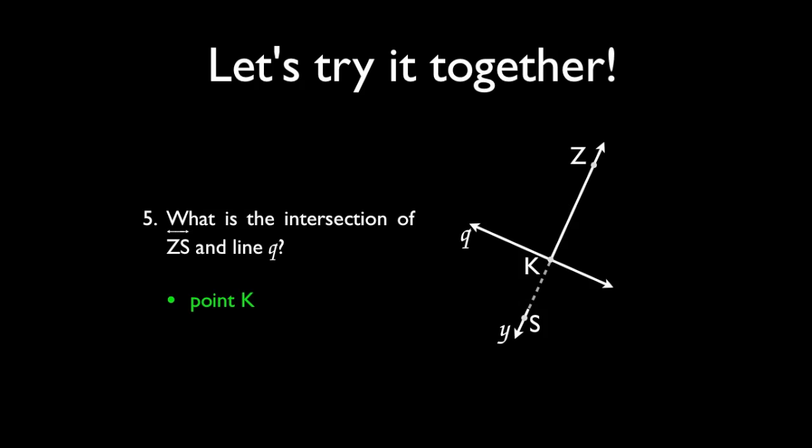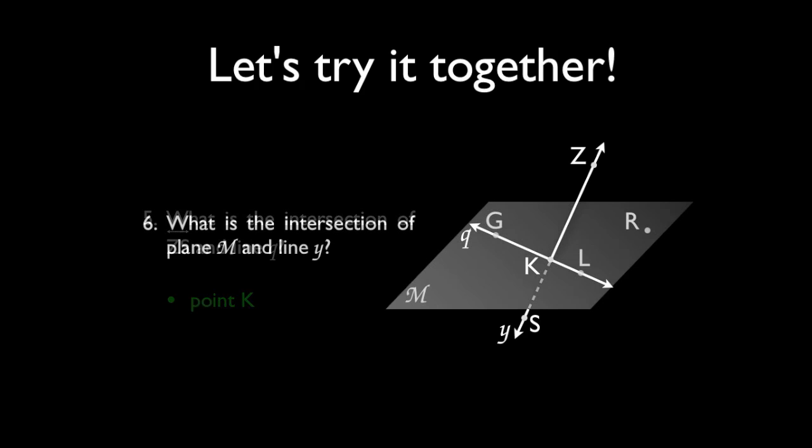Let's try another one. What is the intersection of plane M and line Y? Once again, if we ignore everything except line Y, which is the line that comes down through the plane, and plane M, we notice that line Y intersects the plane at point K again. So the intersection of a line and a plane can be a single point.